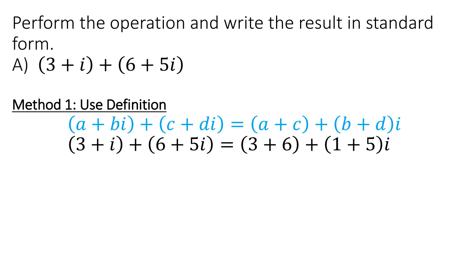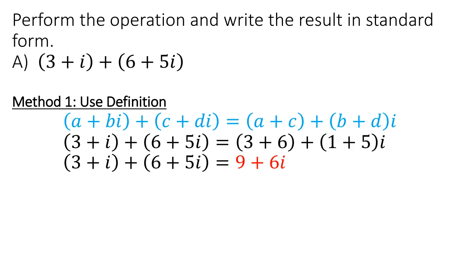My real part is 3 plus 6, and for my imaginary part, I don't have a number here, but there's a 1i, right? So it's 1 plus 5i. When I simplify, 3 plus 6 is 9, and 1 plus 5 is 6i. So the answer of adding these two complex numbers is 9 plus 6i. Easy stuff, I hope.